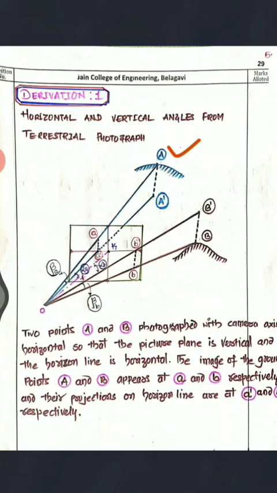Now you can see this A is going to be small a here, and this B is going to be small b here, right? Similarly, their projections on the horizon line are a dash and b dash, as I have shown here.